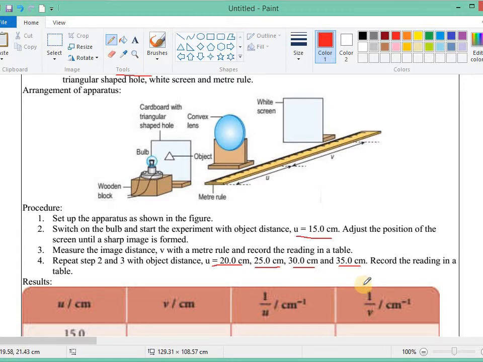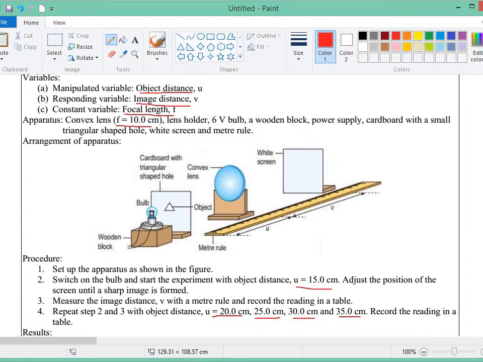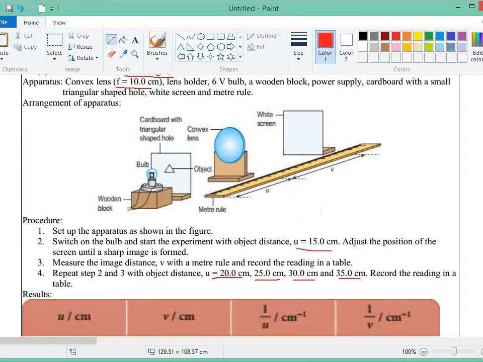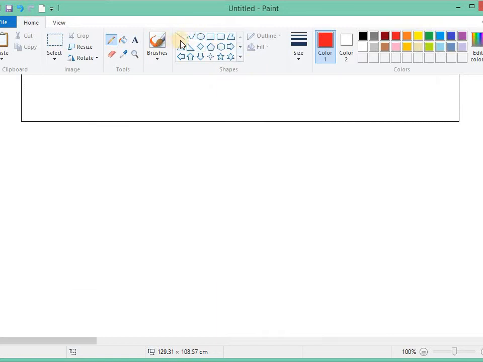Before we go into the result, we need to discuss a bit. Why does the object distance start from 15 cm? The reason is because the focal length is 10 cm. If we look at the object distances 15, 20, 25, 30, 35, basically it's like this.